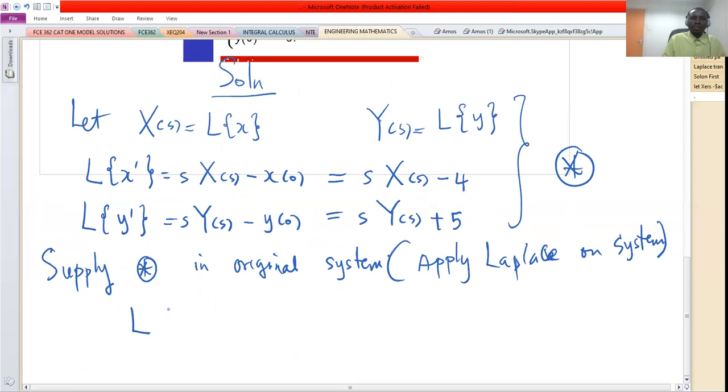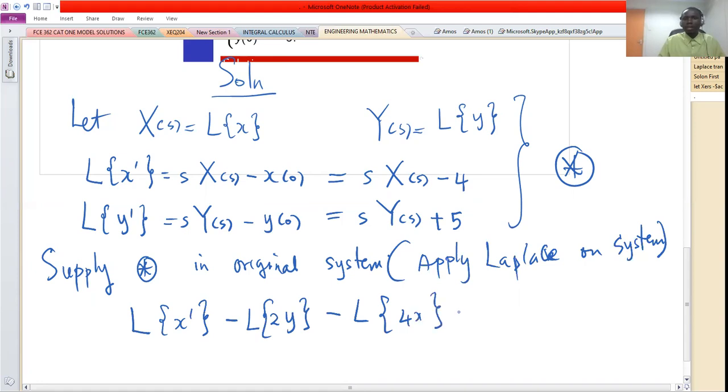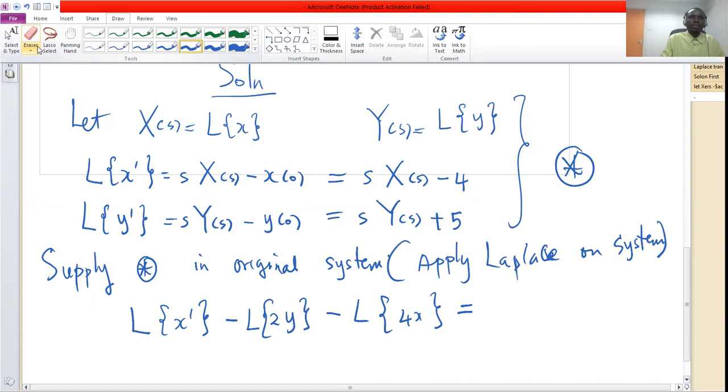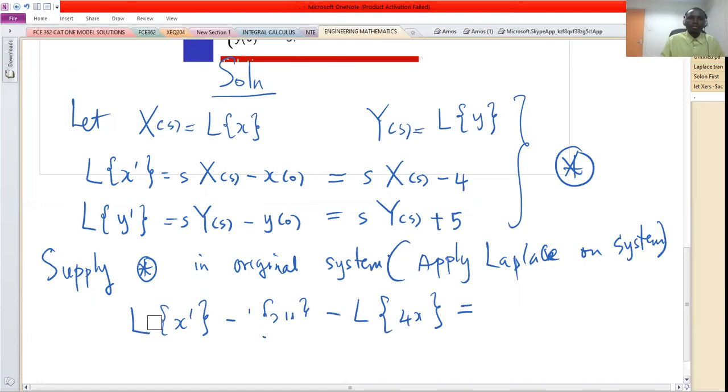So we'll have the Laplace transform of x prime, minus the Laplace transform of 2y, minus the Laplace of 4x. Let's replace step by step from the first equation.